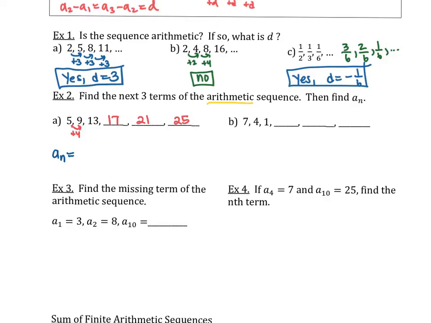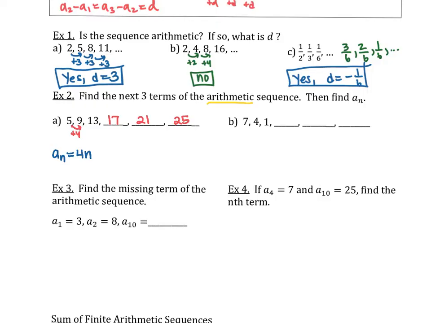Because the difference is 4, I'm going to start out with 4n, because with each term it goes up 4 more. Now I need to figure out if there's a constant that I need to add or subtract in order to make this work, because 4 times n is actually not correct at all. How do I know it's not correct at all?